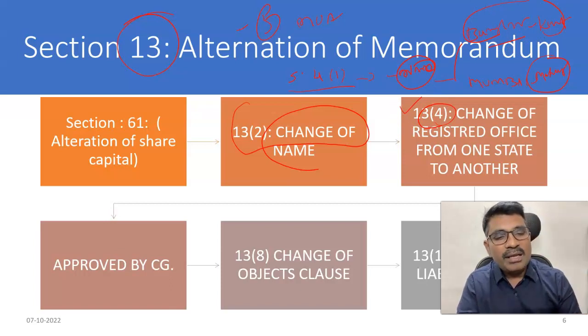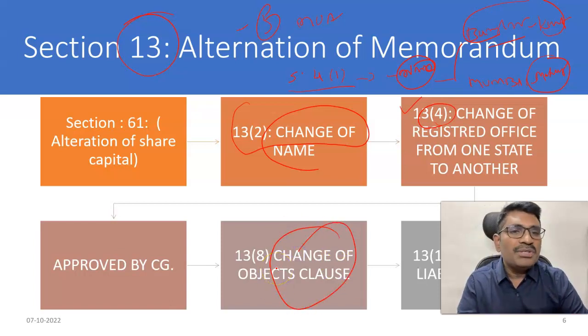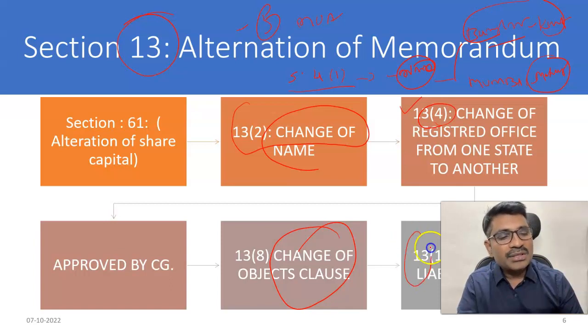And similarly, the object clause. If the venture of the company is going to be changed and the business nature of the company is going to be changed, then you can amend. In similar lines, you have section 13, clause number 11.